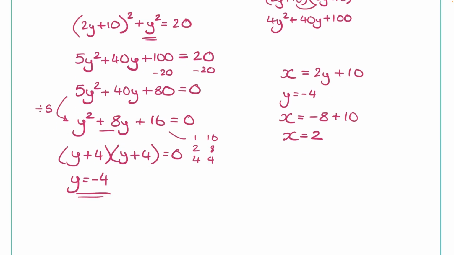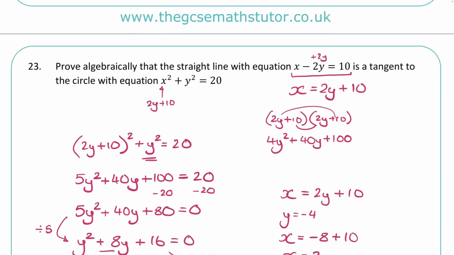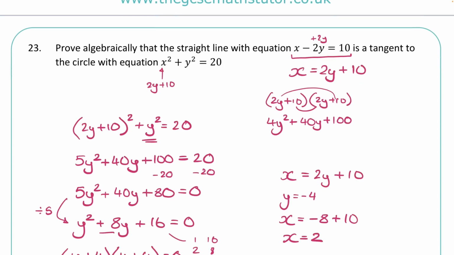So in terms of this, we get one coordinate, which would be (2, negative 4), meaning that this straight line and this circle only have one point of intersection, which means that that line is a tangent.